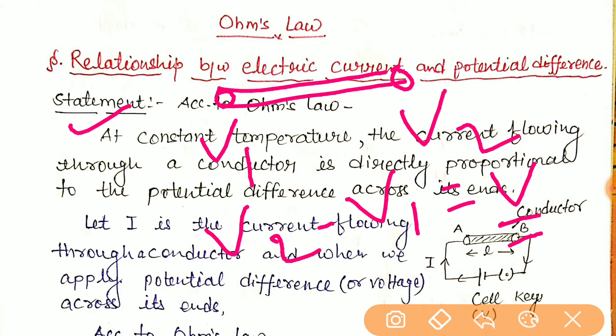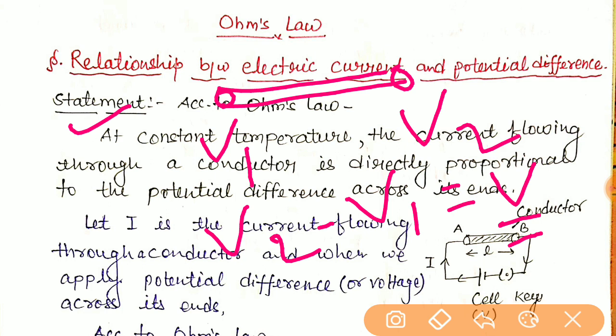So we can say the potential difference across the ends of a conductor is directly proportional to the strength of current, or the strength of the current flowing through the circuit is directly proportional to the strength of the potential difference.